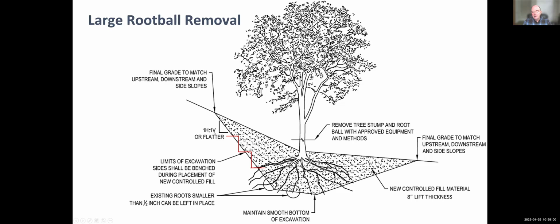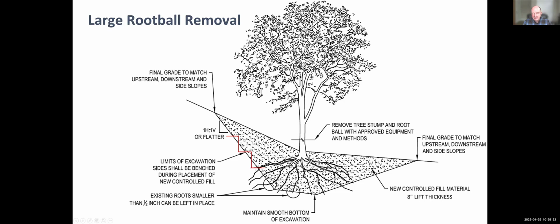A 1-to-1 slope on that excavation means that soil will be quasi-stable, and you don't want to leave it exposed for very long. So you dig this out and you start layering in soil, probably in about 8-inch lift thicknesses, each of those layers compacted.